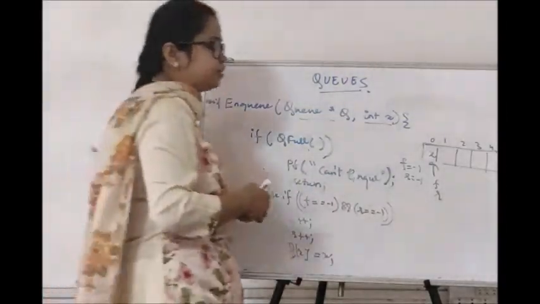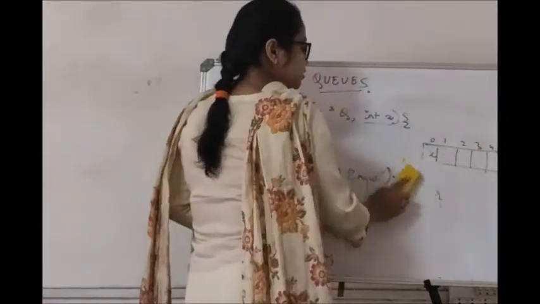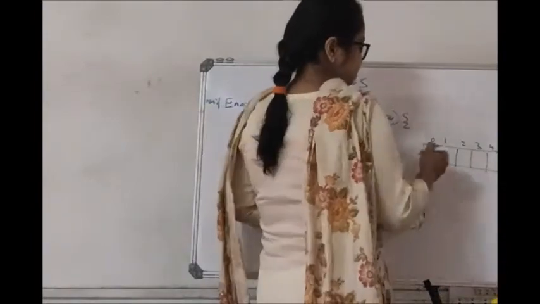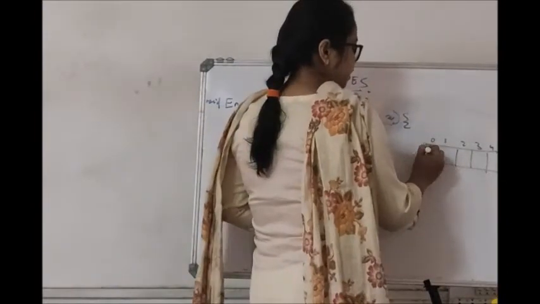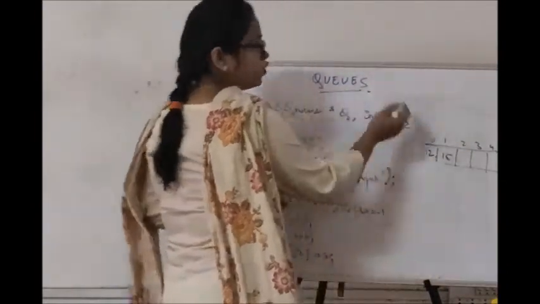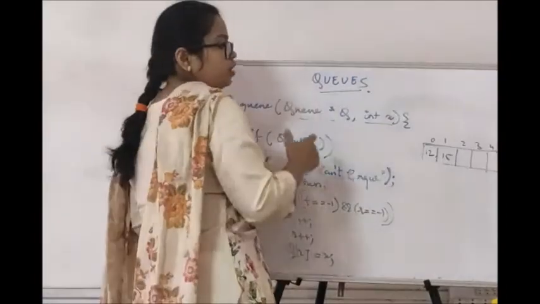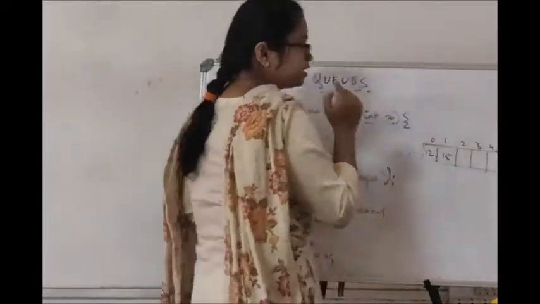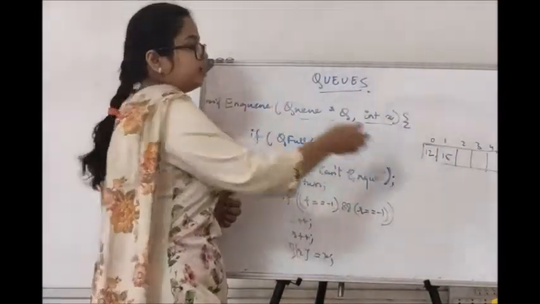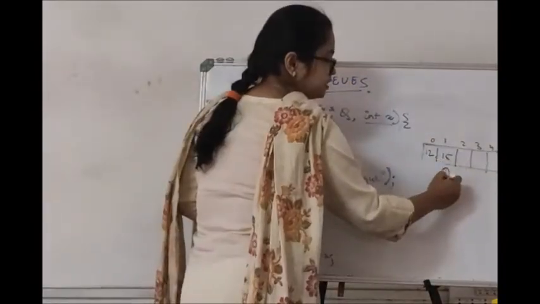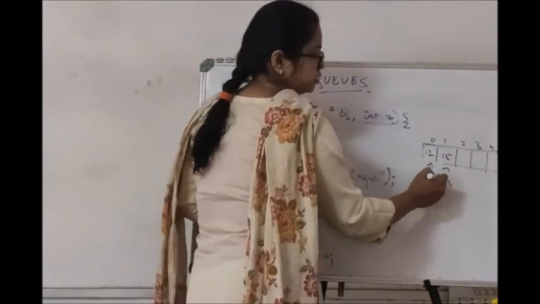If Q is not empty, suppose this is the case, then already some elements were present, like 12, 15, something is there, and we want to insert x, whatever value. Now what will happen? x will be inserted, then in that case we will just increment rear. Rear is initially here, front is initially here.